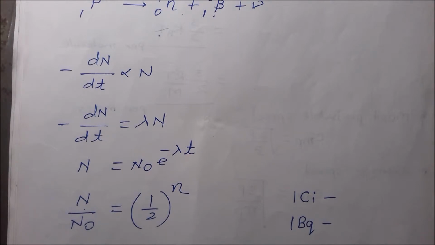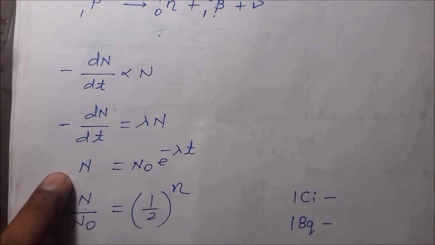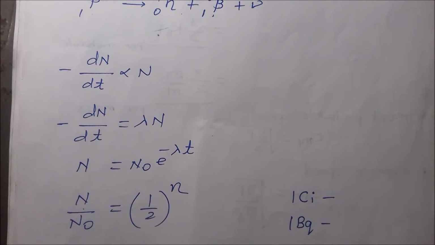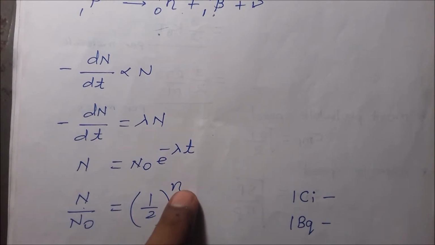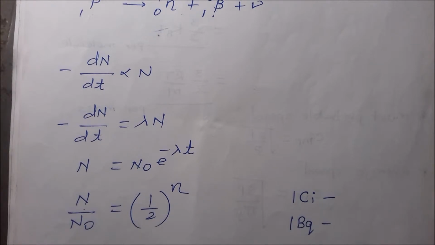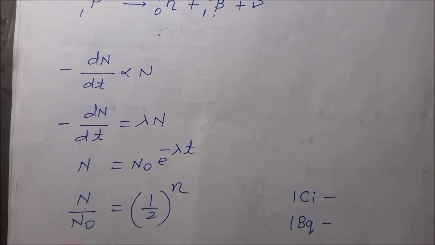Then relation between N and N naught. There are two relations. N is equal to N naught e raised to minus lambda t, and N upon N naught is equal to half raised to n. Small n is number of half-lives. N is remaining number of atoms, and N naught is initial number of atoms.